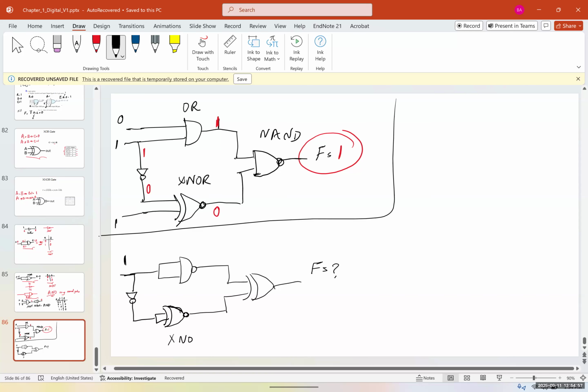This is an XNOR, this is an XOR, this is a NAND.